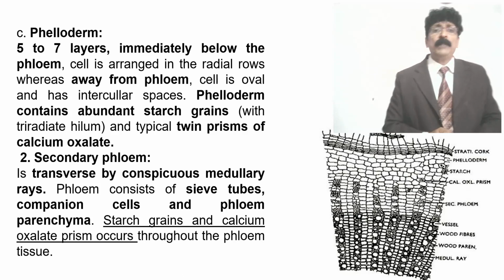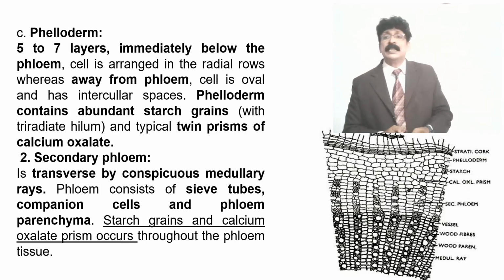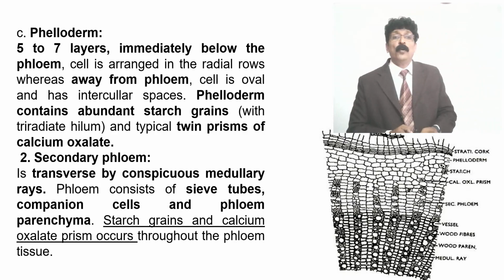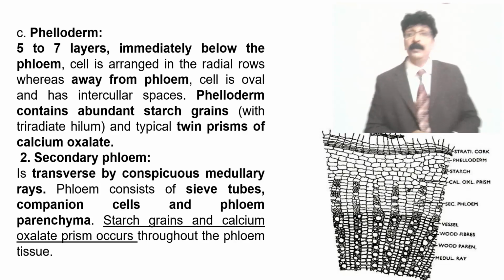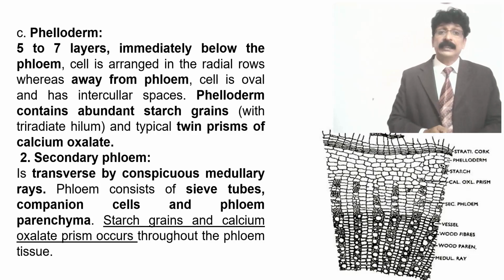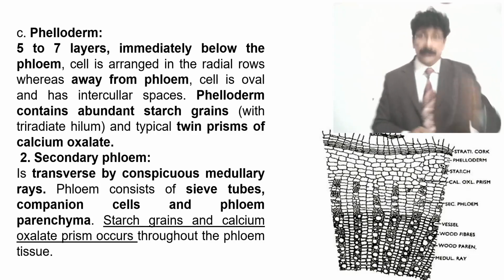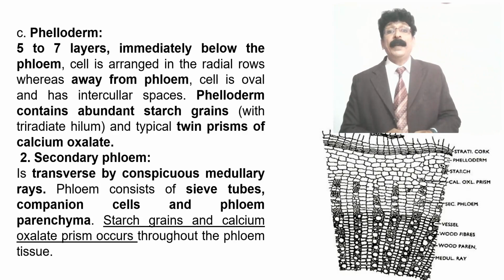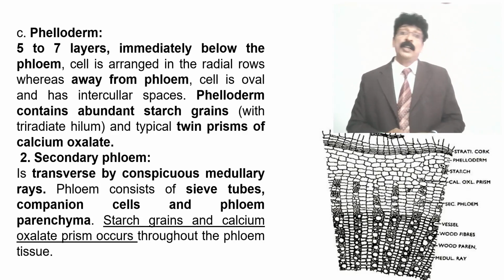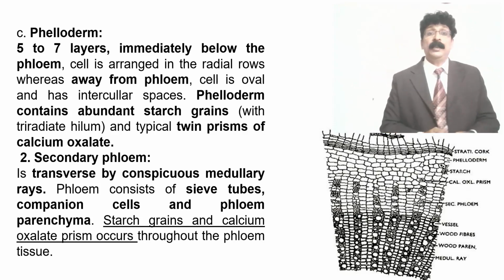Phelloderm consists of abundant starch grains with triradiate hilum. So with hilum in the starch, and typical twin prisms of calcium oxalate are also present in the phelloderm region.